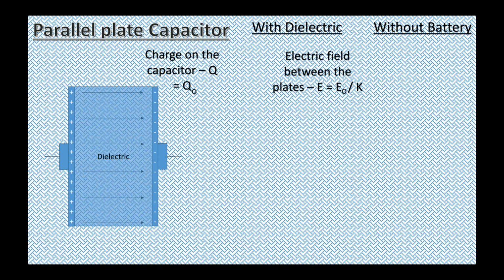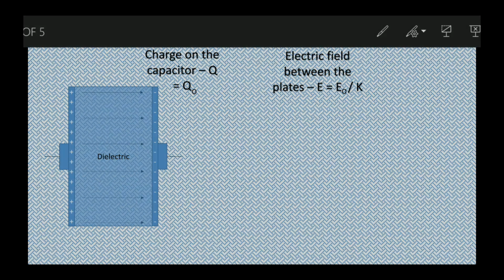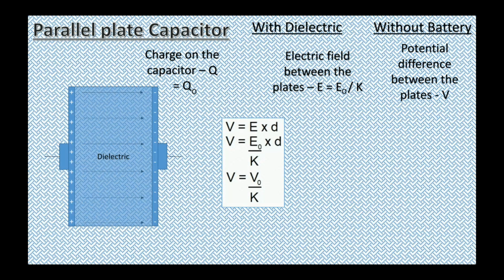But as we have already seen in some previous slides, the electric field in the region will become E0 by K. E0 was the original electric field, that is the electric field which was present when the dielectric was not there, and K is the dielectric constant of the medium. So electric field has decreased by K times. Now using the expression for electric field, potential difference will also change.